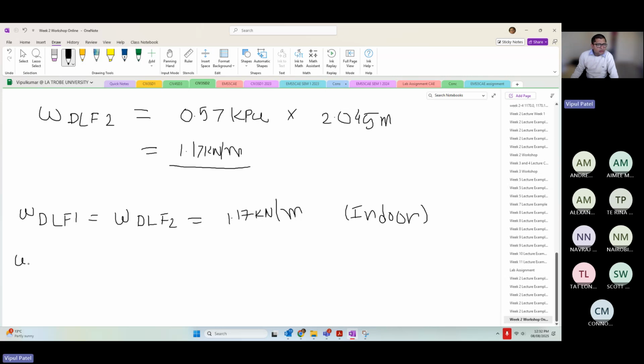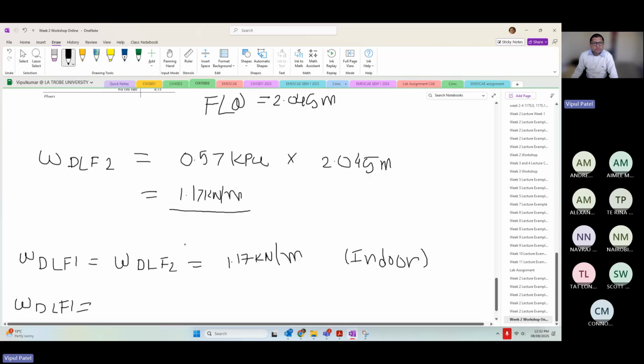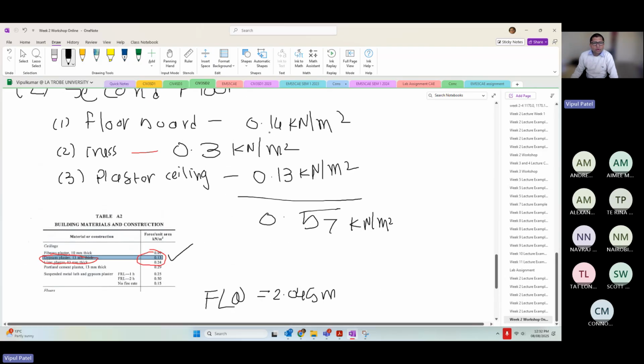Now for the balcony, like the dead load of the first floor, for balconies I think we need to put additional tiles. That's because you can see we have 0.14, 0.3, 0.13.